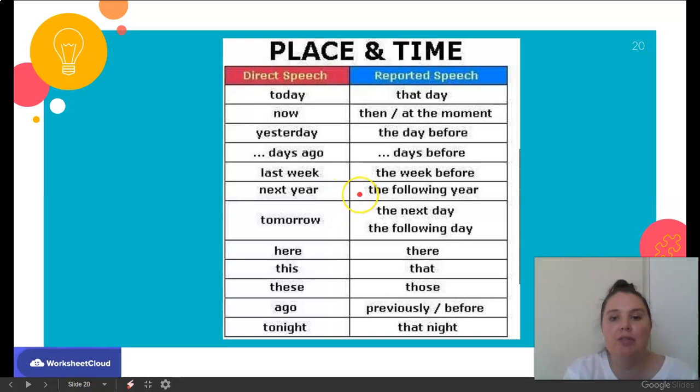Next year could be the following year. Tomorrow is the next day or the following day. Here becomes there. This becomes that. These become those. Ago becomes previously. Tonight becomes that night. So study and remember these so that you always know what the changes are from direct to reported speech.